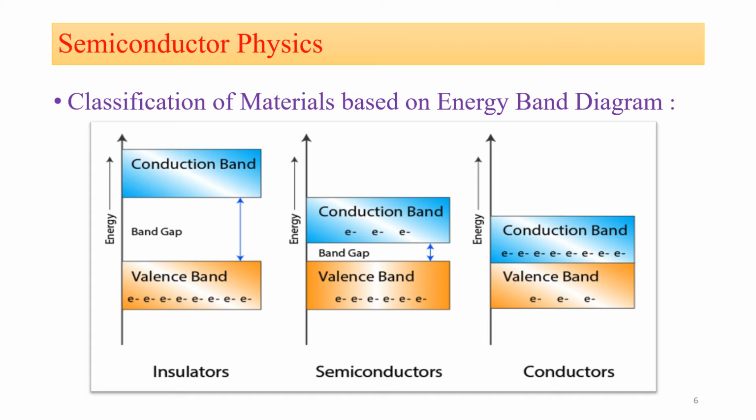If you see the energy band diagram for the semiconductor, then you will observe there is a forbidden gap or energy gap between valence band and conduction band, but it is less than the insulator and greater than that of your conductor, and it is nearly equal to 1 electron volt. Silicon and germanium are the best examples of semiconductor devices, and our electronics engineering deals with the semiconductor devices, that is silicon and germanium.